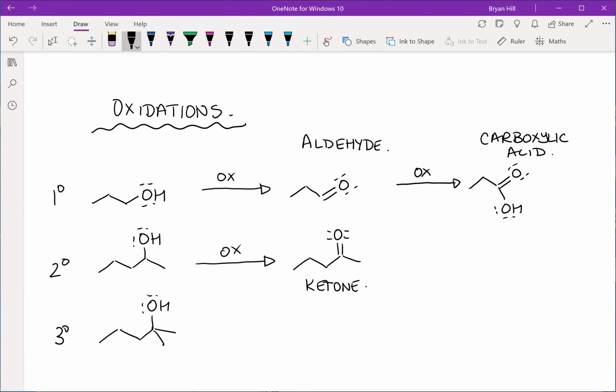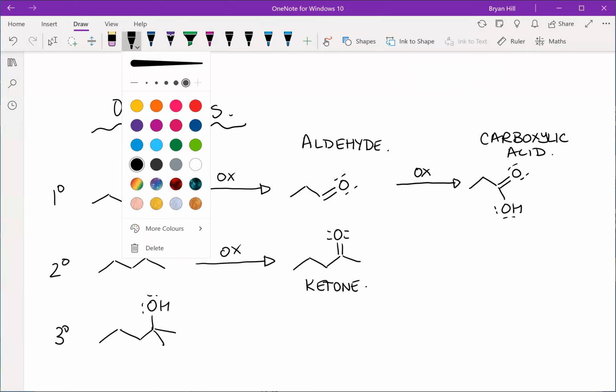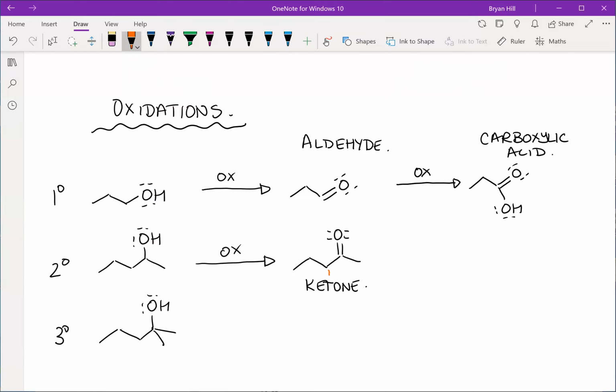The ketone, of course, can't be because it already has 1, 2, 3, 4 bonds. So a ketone can't be oxidized anymore.